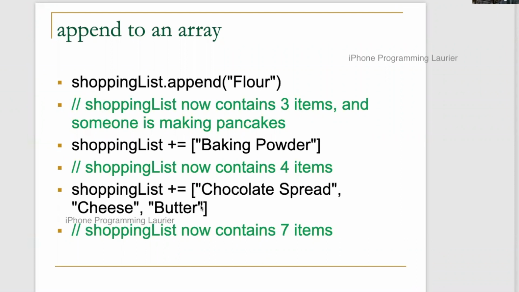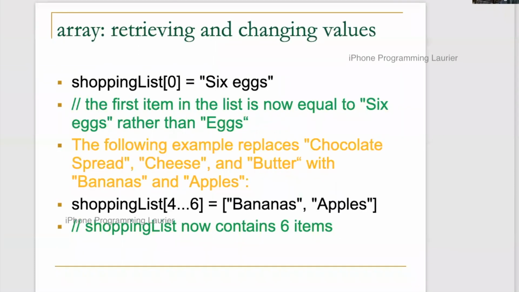So that's what this means here. You can retrieve the value of an array by specifying the index, or, this is interesting, you can specify a range of indices. So here the three dots mean get everything from 4 to 6. So 4, 5, 6.